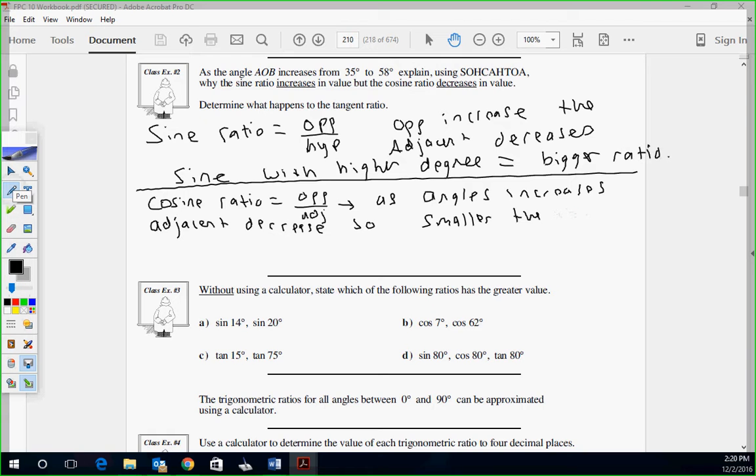Does that say increases? Yeah, increases, sorry. I'll write that too. Adjacent. Oh, yeah, you're right, I was getting ready for tangent. Thank you. So adjacent over hypotenuse. I was saying it in the words, though. As angles increase, adjacent decreases. So smaller the angle equals bigger the ratio.